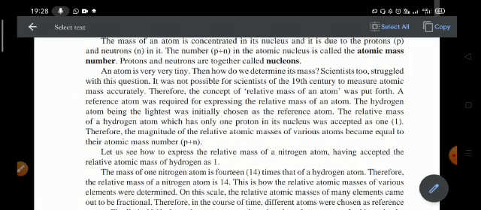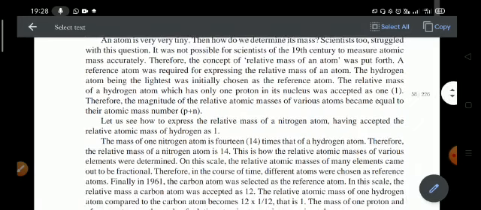Therefore, the magnitude of the relative atomic masses of various atoms became equal to their atomic mass number, P plus N. The mass of one nitrogen atom is 14 times that of a hydrogen atom. Therefore, the relative mass of a nitrogen atom is 14. In the course of time, different atoms were chosen as reference atoms. Finally, in 1961, the carbon atom was selected as the reference atom. On this scale, the relative mass of a carbon atom was accepted as 12.